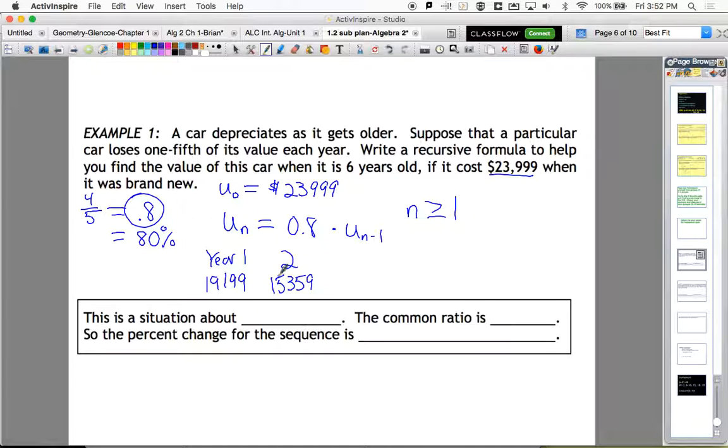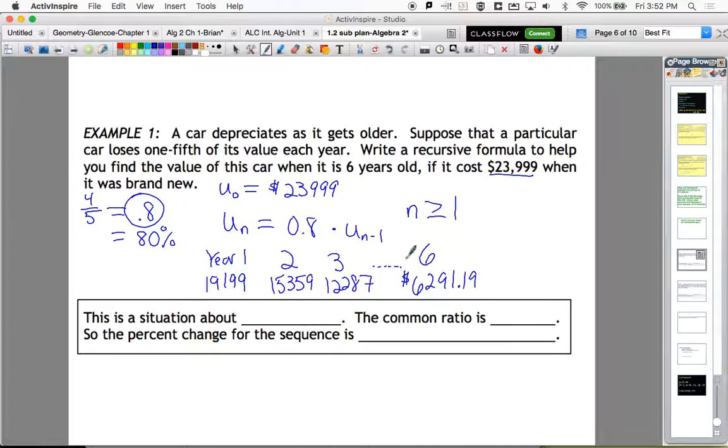And if we then multiplied it times 0.8 after year 3, it'd be $12,287. I'll spare you the in-between work here, but when you got up to the 6th year, you would end up with $6,291.19. So you could enter 23,999 on your calculator, times 0.8, enter, and then just count to the 6th year.